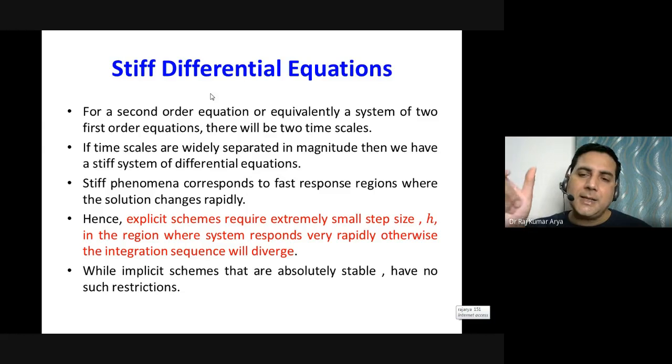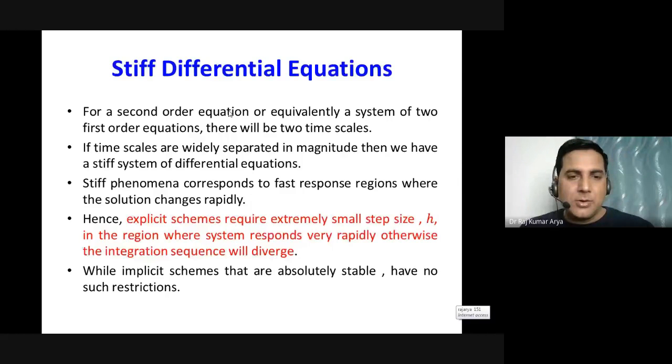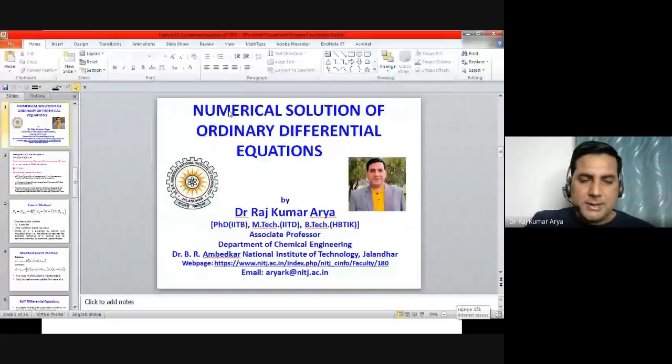In that case your step size must be very, very small, because if you miss it, you will miss a lot of information, since the function is varying very abruptly and you have missed that particular zone. I can draw a slide so that you can understand what I mean.